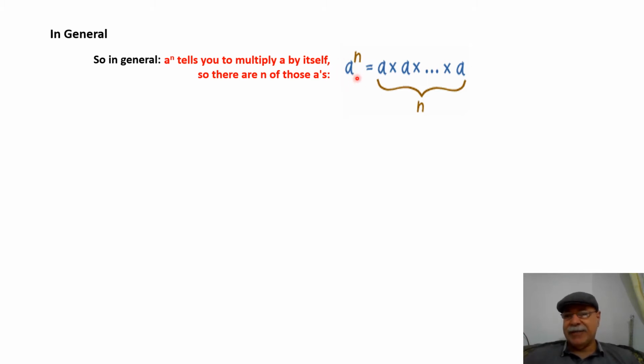That's why we write it like this: a to the power n, meaning a times itself for n times, in order to find the value of this a.